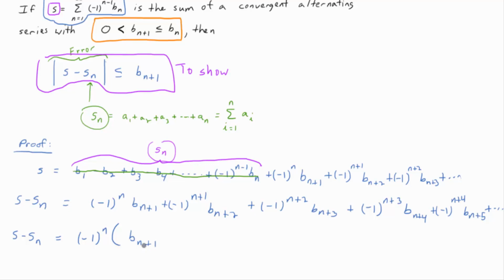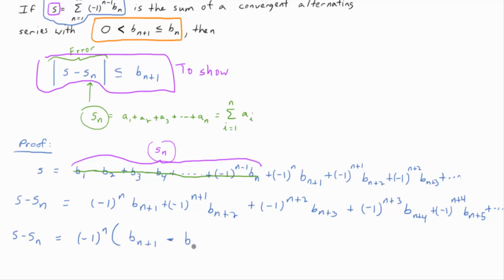I'm getting rid of the negative 1s to the power by factoring out the negative 1 to the n. Does everybody see that? Because if that bn, inside the parentheses, is positive, the next one has to be negative, because of the negative 1 that's left over if you factor out a negative 1 to the n. So I know now how it alternates inside the parentheses, at least.